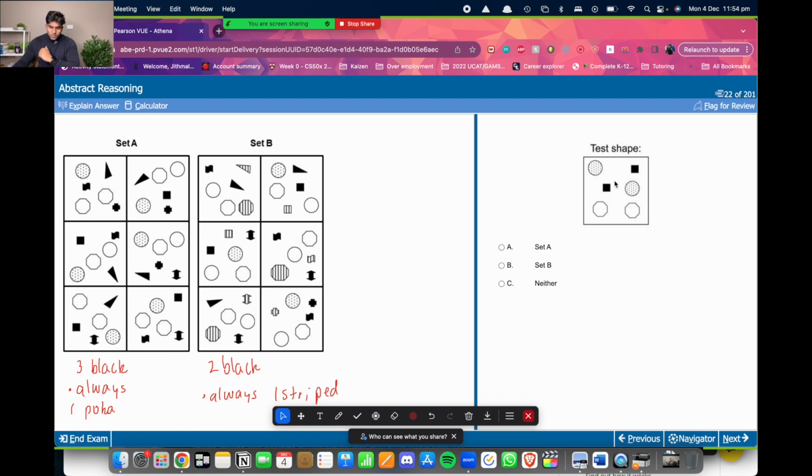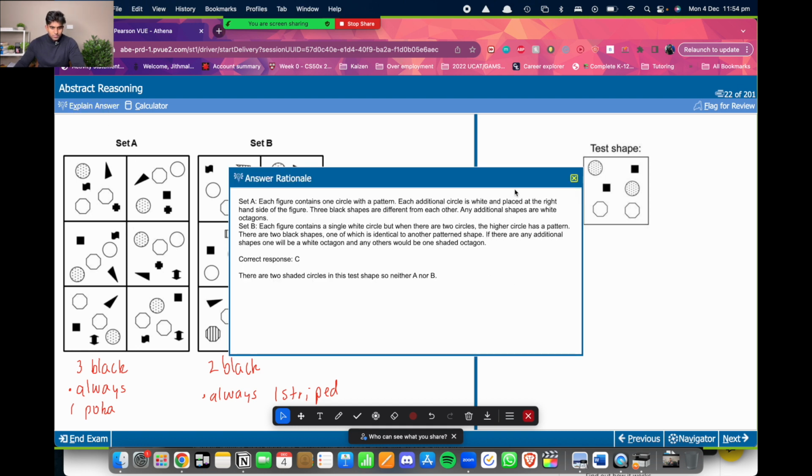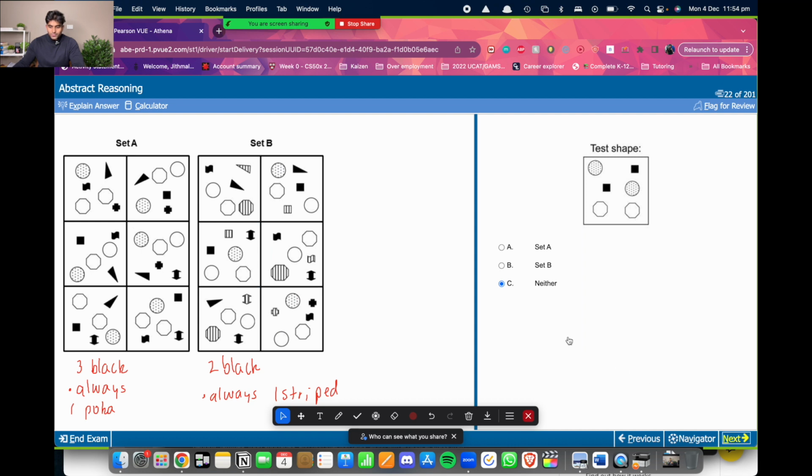All right. So there's two polka dots here. There's two blacks there. That doesn't make sense because two blacks should be set B. However, there's no striped, and I need to have at least always one. There's always one striped shape in this, so it has to be neither. Yeah, so it is neither.